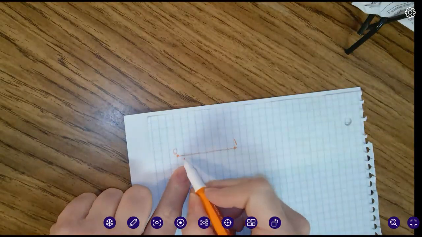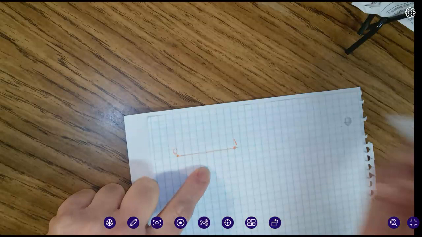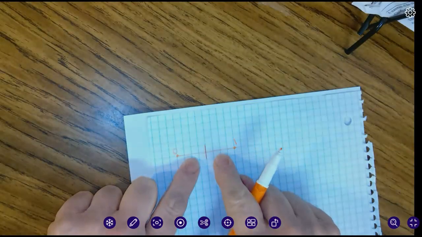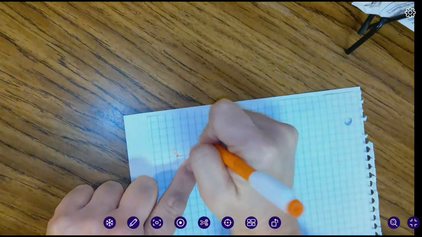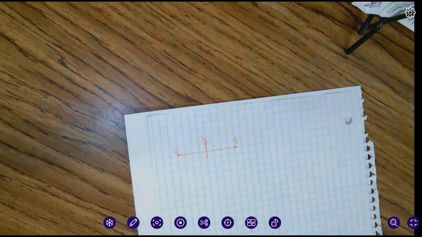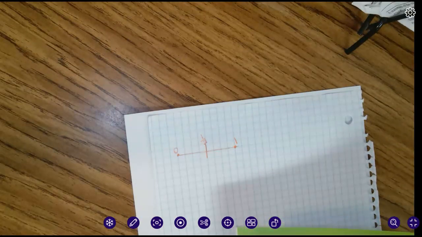In between this, I have several different places that I could divide it evenly. If I were to divide it in half, okay? Now, if you know your multiples of 2, that's really going to help you, because that way you can figure out what half of a number is.